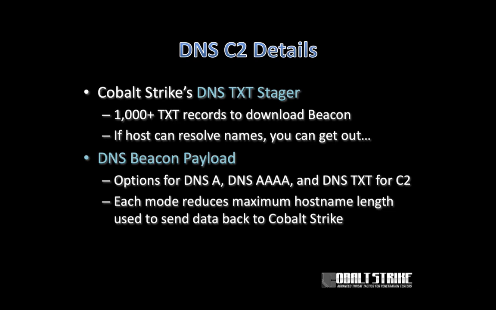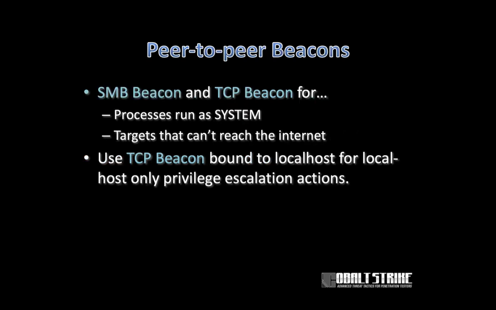So DNS TXT will use 100% of the maximum hostname length, AAAAs will use 50%, and the A record channel will use about 25%. The point of this downgrading of hostname length is to allow you to recover the agent if really long hostnames can't get out of the network, if that's something that's truncated automatically.